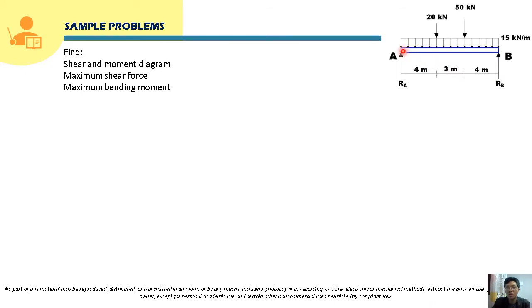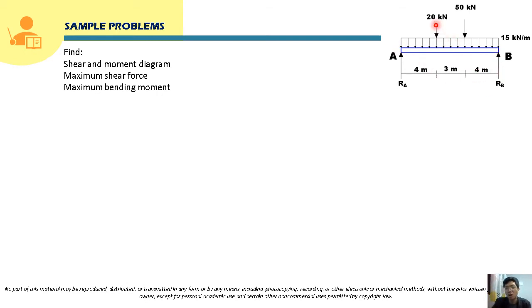The given beam supports this distributed loading, a rectangular loading with an intensity of 15 kilonewton per meter, and a length of 4 plus 3 plus 4, so that will be 11 meters.